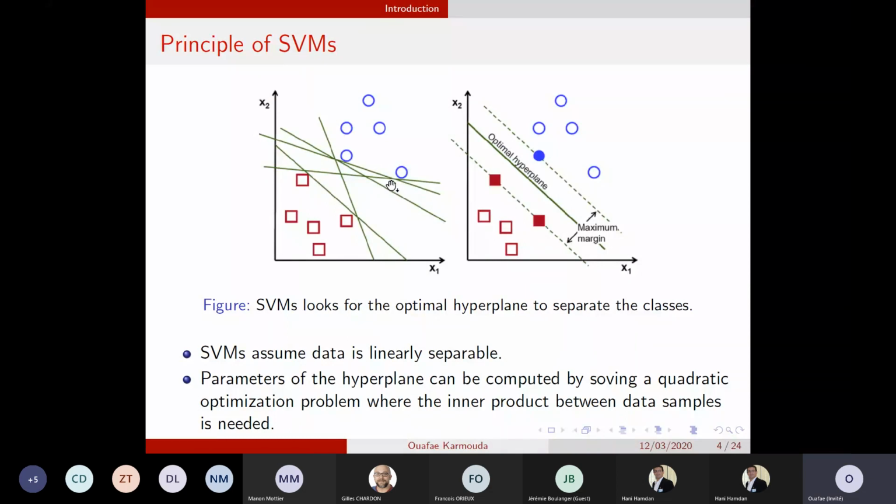So support vector machines help us find the optimal hyperplane that can separate these two classes by maximizing the margin, which is the shortest distance between the hyperplane and the nearest data points. And to find this optimal hyperplane, support vector machines solve a quadratic and constrained optimization problem where the different inner products between data samples will be required.